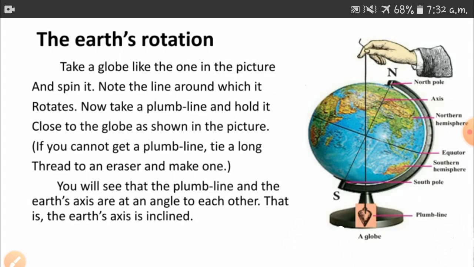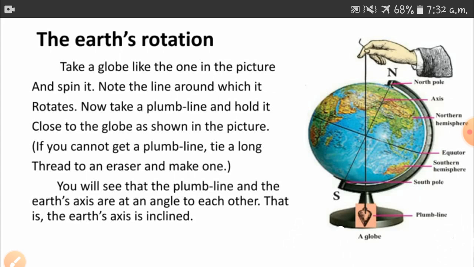Now, what do you mean by the word inclined? Means slanting. It is not straight. If you look at a plumb line, it is straight, whereas the axis, that is the imaginary line. We have already learned what an axis is.